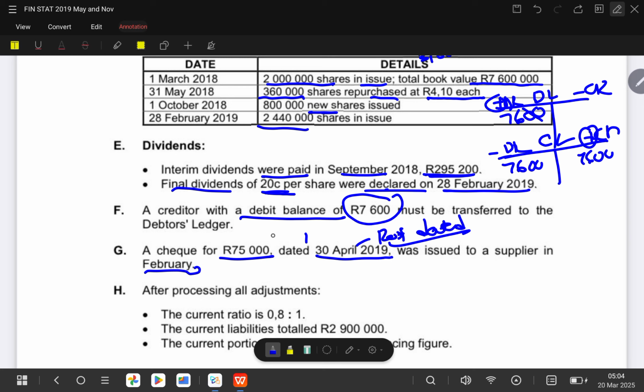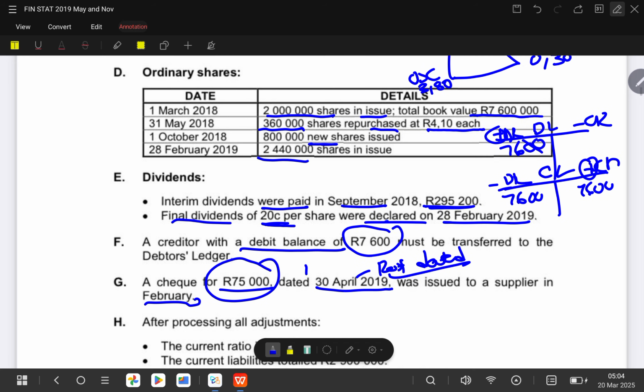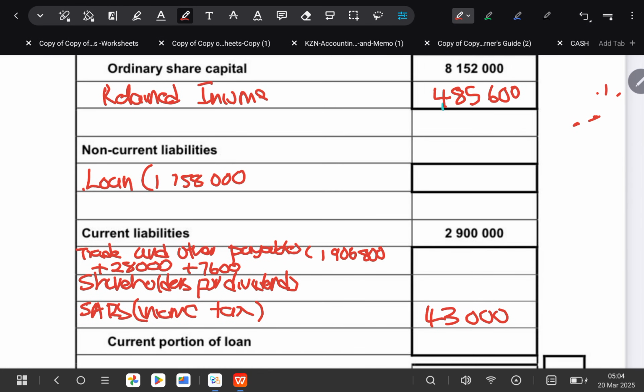So for now, my creditors is going to remain as if I did not pay them. So we are going to add this back to our creditors control, and we are also supposed to add it back to our cash and cash equivalents. Unfortunately, it is a balancing figure. So we are going to go to our payables and say plus 75,000.